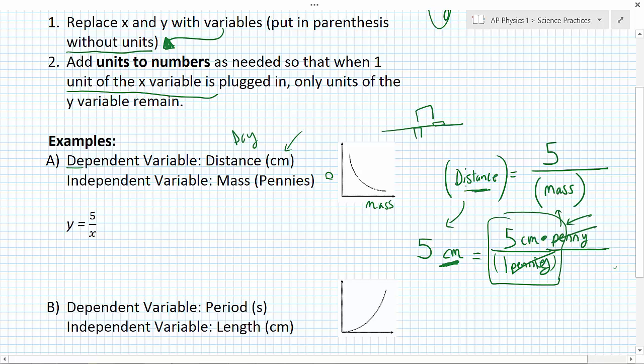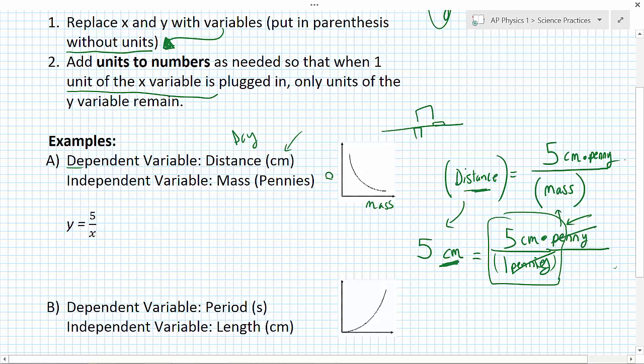So when I look back at my regular equation, the only combination of units that would give me centimeters as a final answer would be to put centimeters on that 5, and also to put a penny multiplied by that 5.